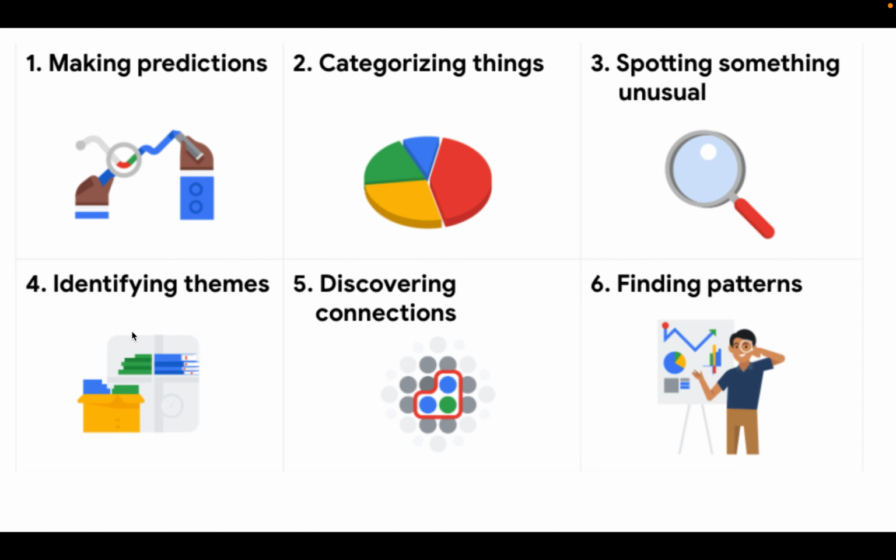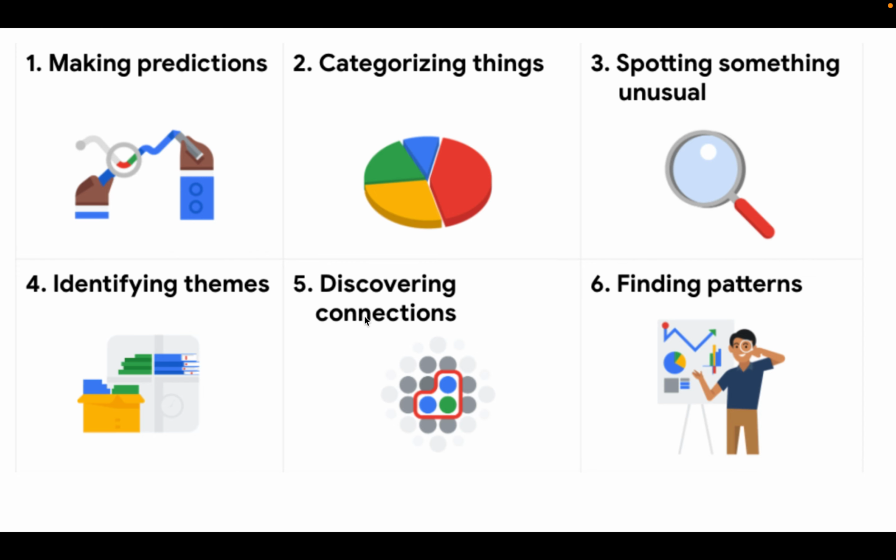Number four, identifying themes. So number four is related to number two, categorize. You categorize things firstly, and then you take those categorized items further. You identify those categorized items into a broader concept. A step further based on categorizing.